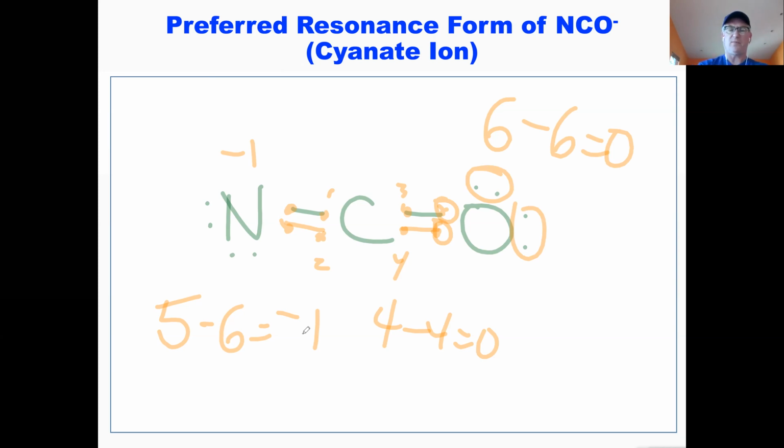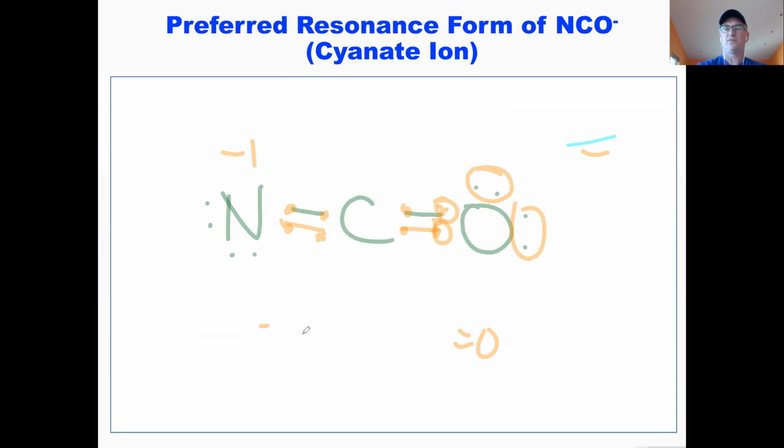What's the problem with this structure? Anyone see a problem with it, based on the rules we just learned? If there is a negative charge to be put on an atom, what should it be?